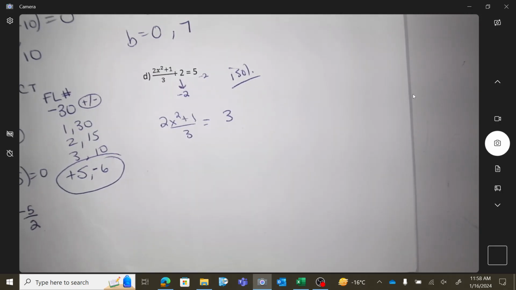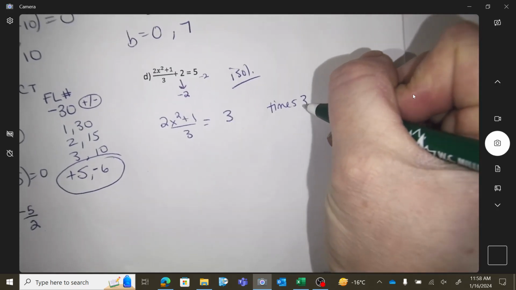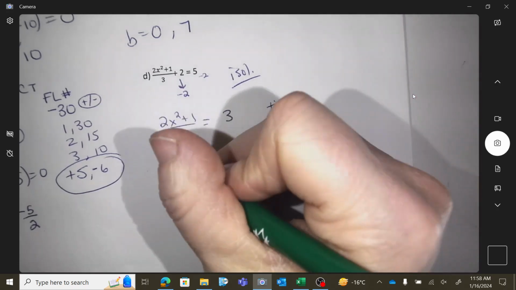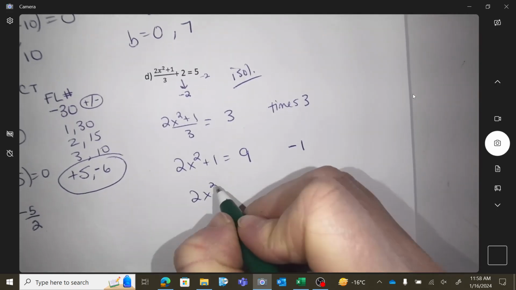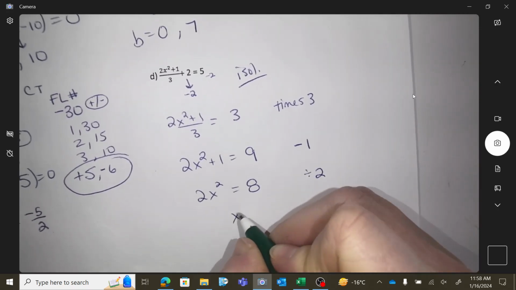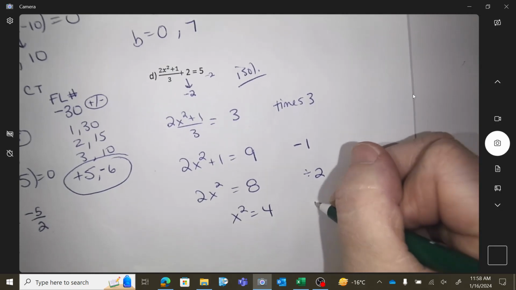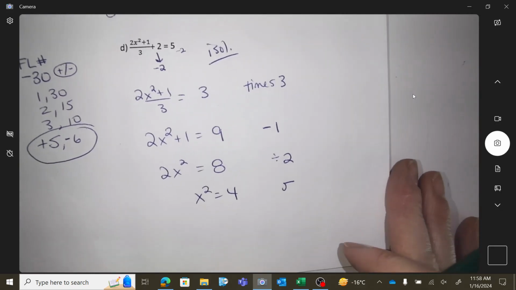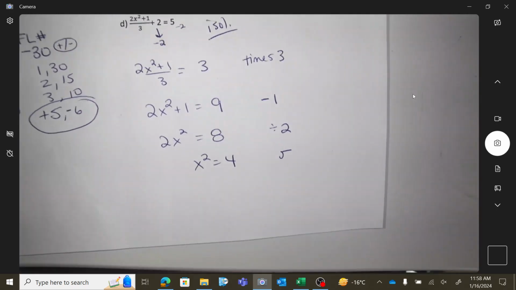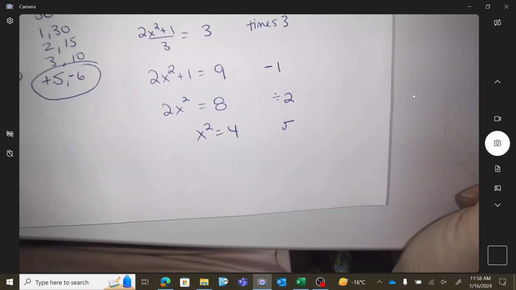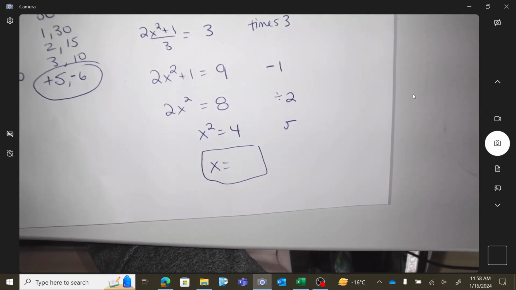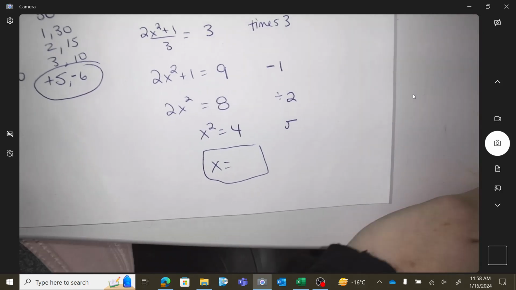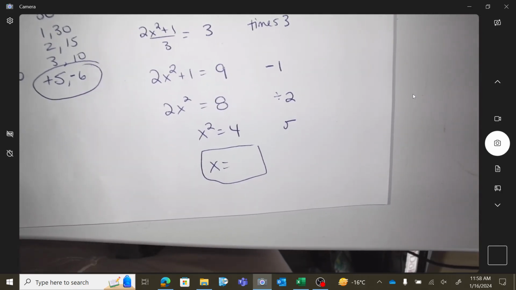Then we want to times by 3. What did you write as an answer?